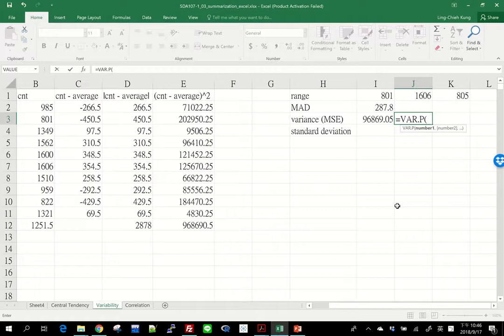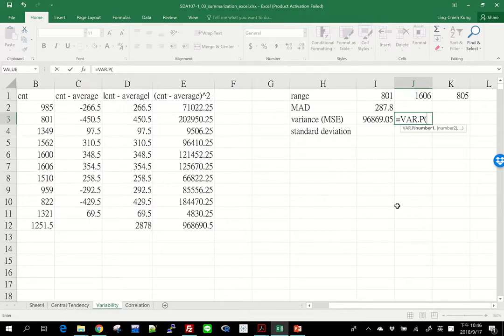If we are calculating variance with respect to a population data, then we should use var.p. If we're doing that with sample data, if we are calculating sample variance, then we need to use var.s. At this moment, we are not yet going to inferential statistics, so we will just use var.p.